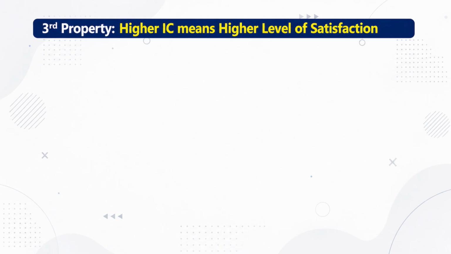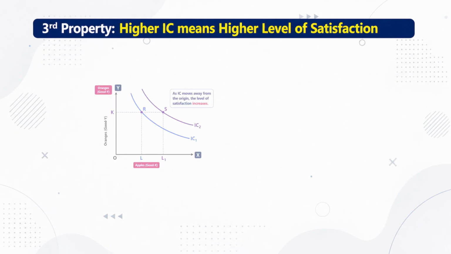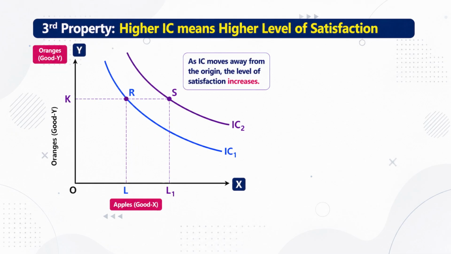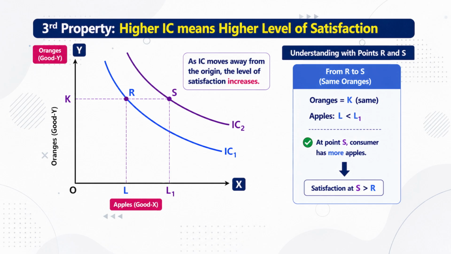Let us now look at the third, fourth, and fifth properties of an indifference curve. The third property is that as an indifference curve moves away from the origin, the level of satisfaction increases. In other words, a higher indifference curve represents a higher level of satisfaction. Let us understand this using points R and S. Point R lies on IC1, while point S lies on IC2.